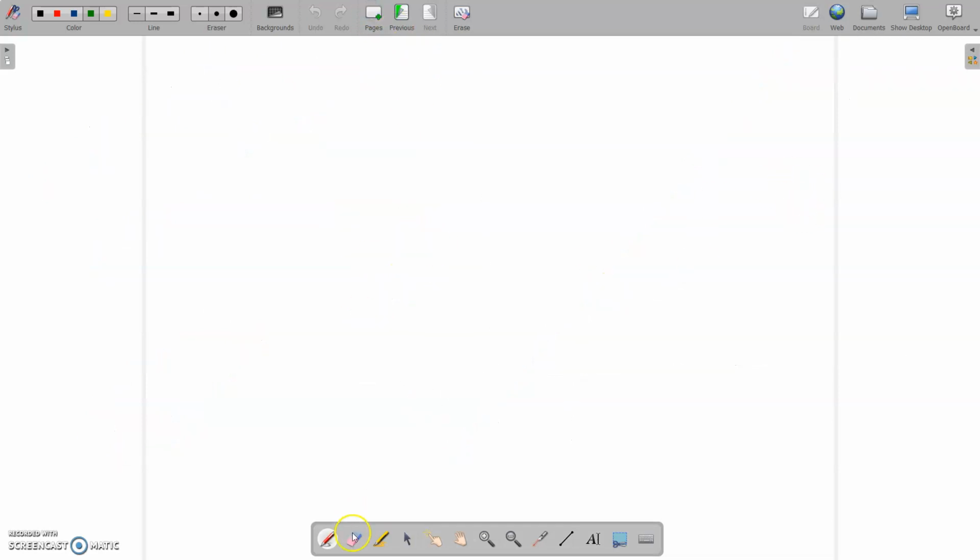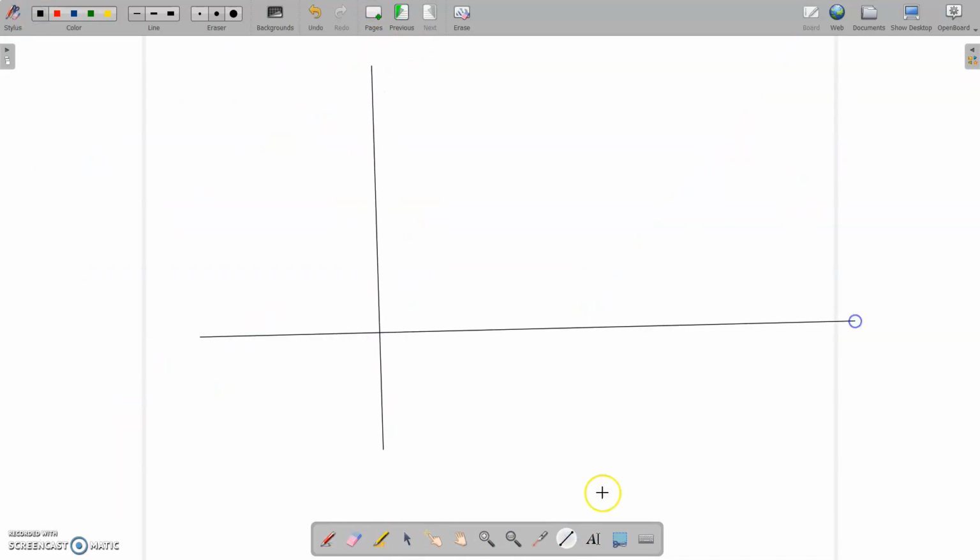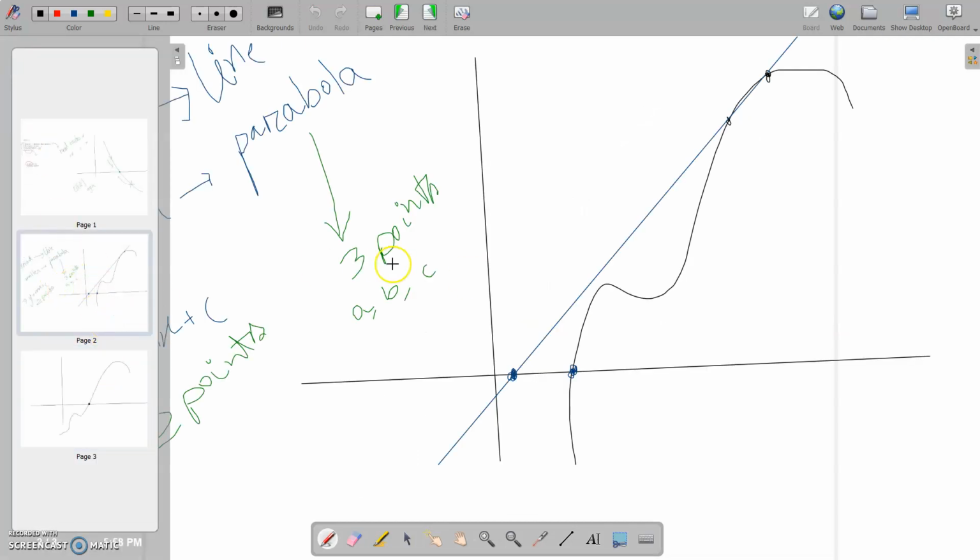So if we come here, say for example, this is our curve. Okay. So this is our root. What we are going to try to do is that first we have to take 3 points.